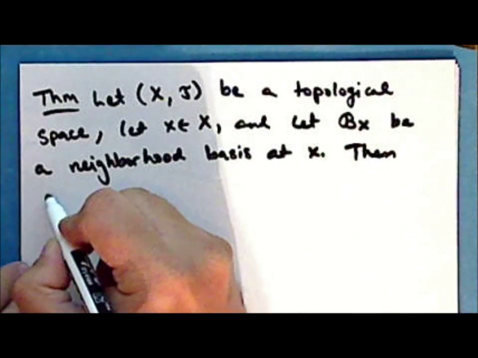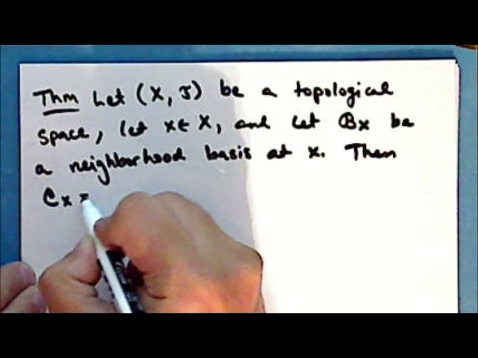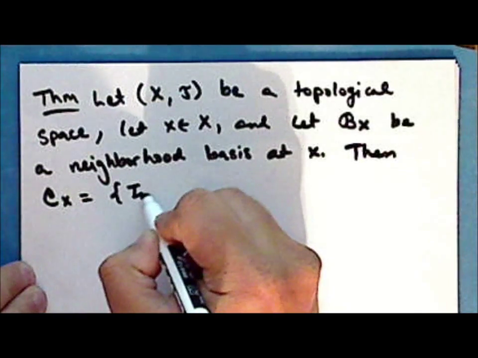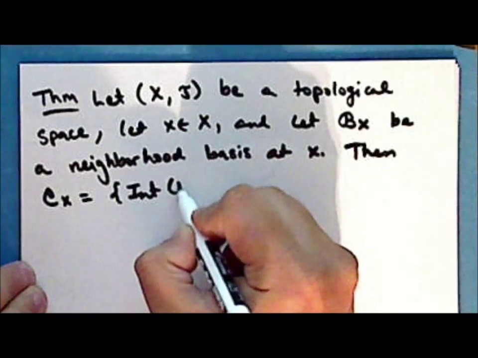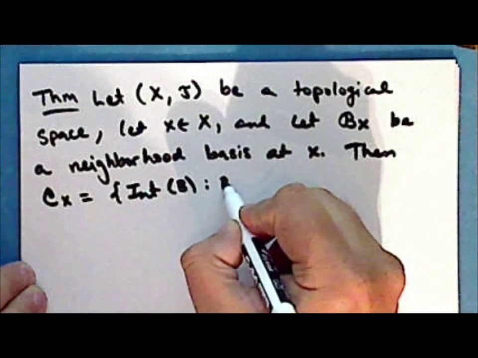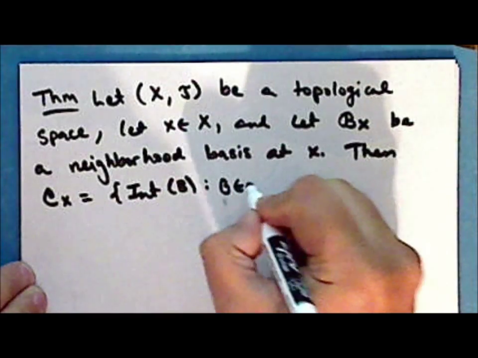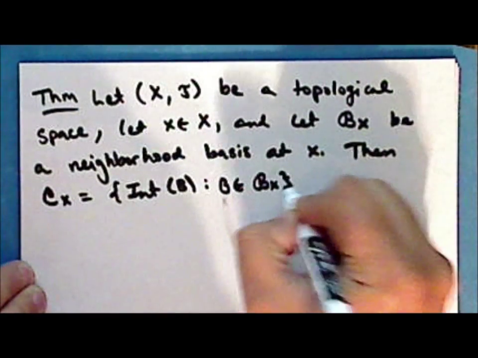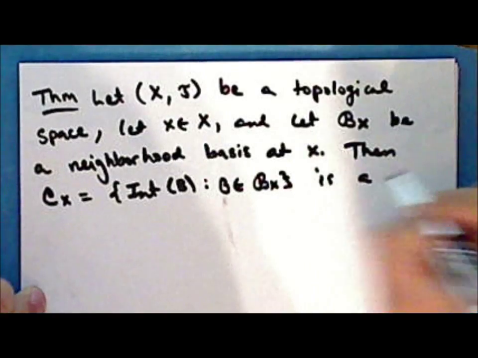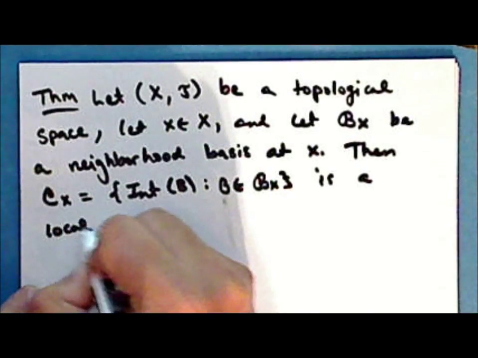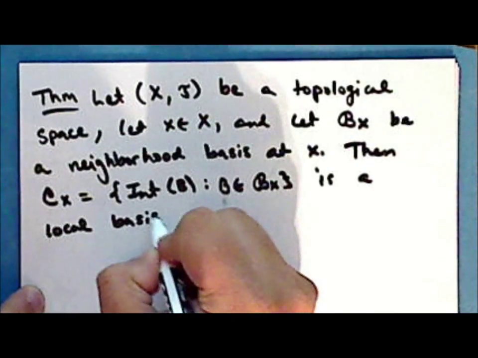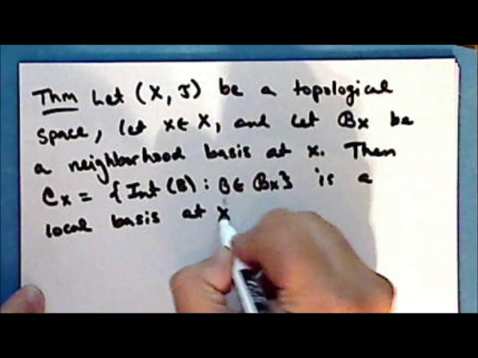Then the collection script C sub x, consisting of the interior of the set B for every set B in the neighborhood basis, is a local basis at the point x.